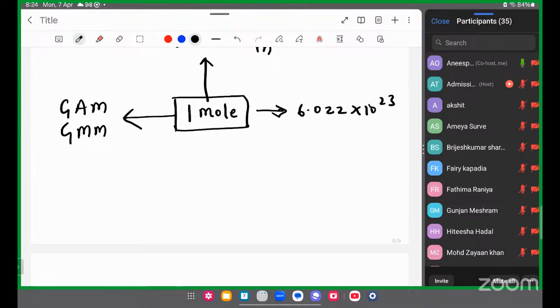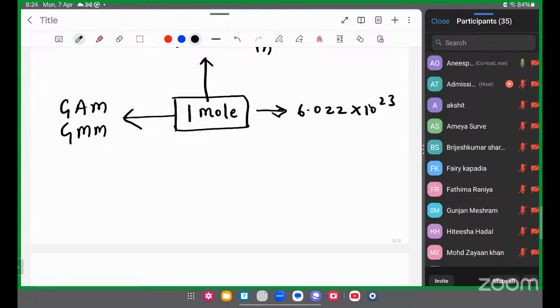Simple atomic mass will be in AMU, and simple atomic mass indicates the mass of one single atom, while gram atomic mass or atomic mass in gram or molar mass indicates the mass of one mole of particles, that is the mass of 6.022 times 10 raised to power 23 sodium atoms. This is what we mean by gram atomic mass and gram molecular mass.